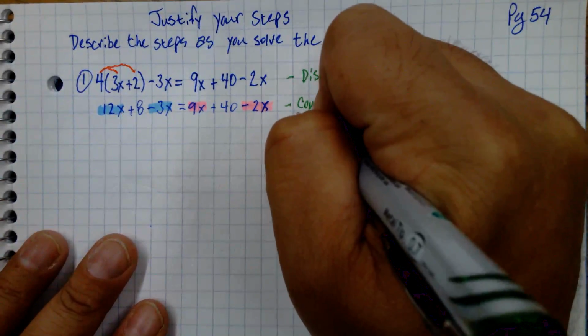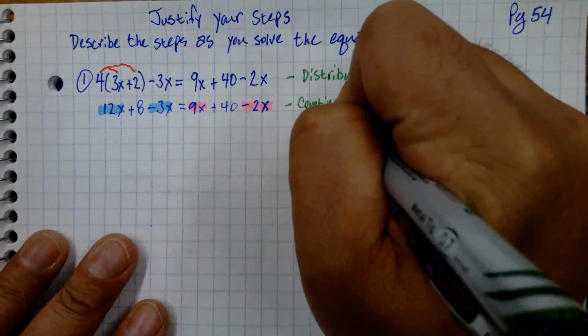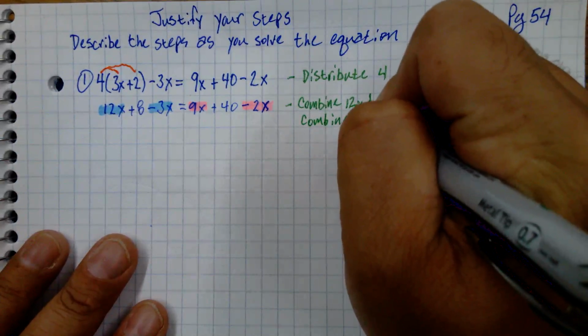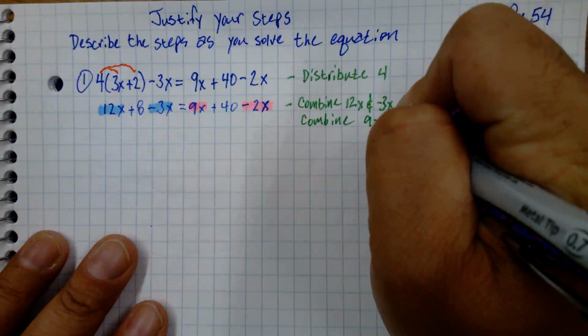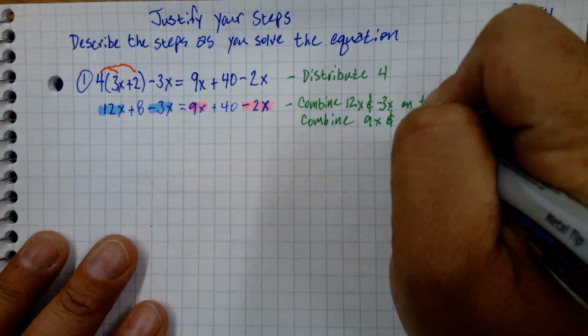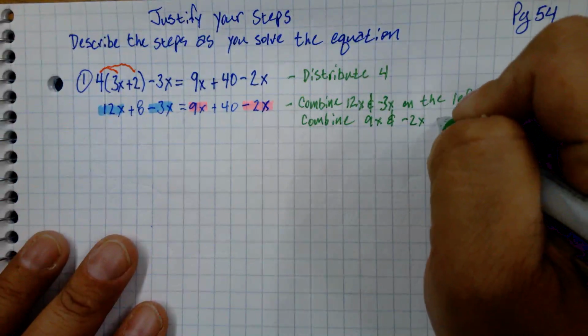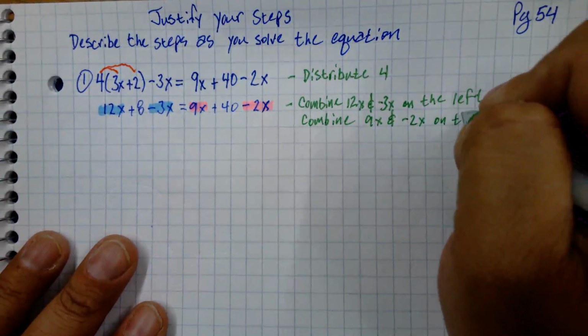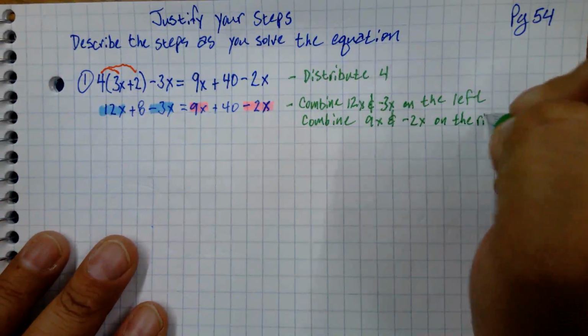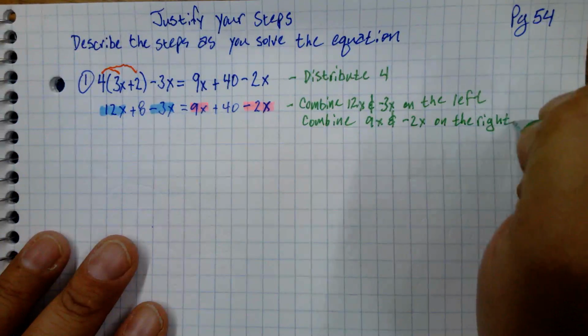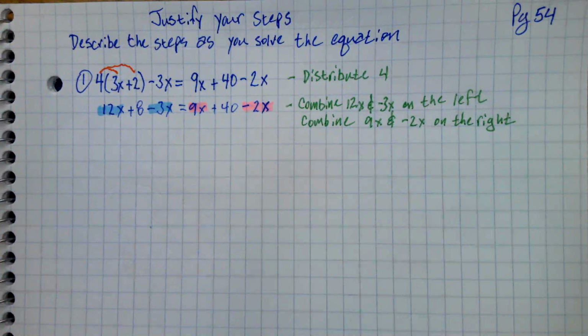And combine 9x and negative 2x on the right. Okay.